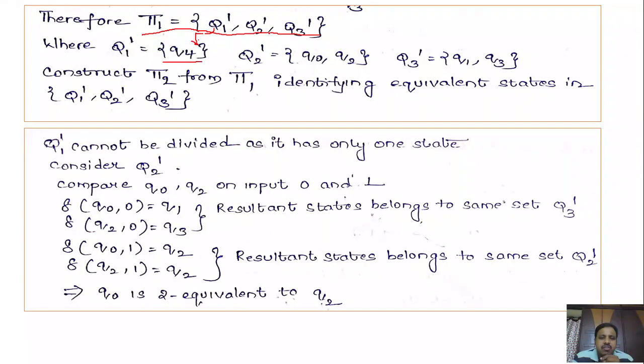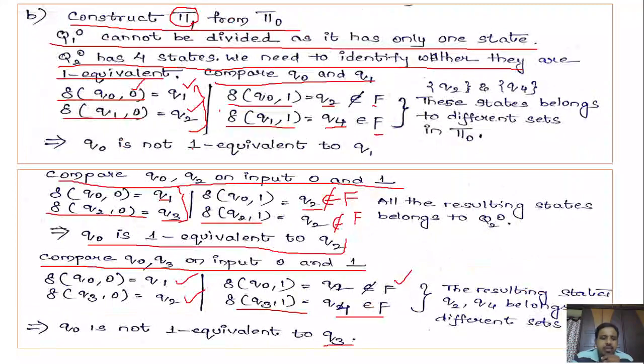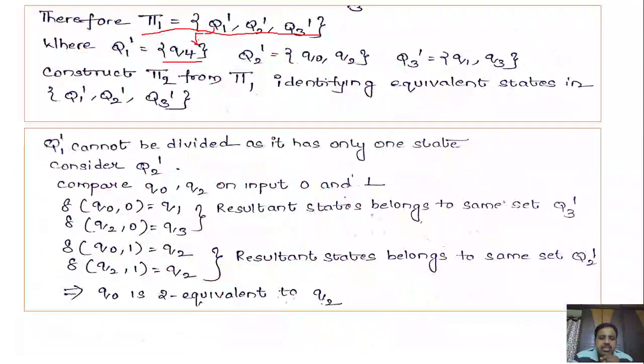By checking this property, we found that q0 and q2 are equivalent, so they must be kept in a separate set. That's why we got the set of q0 comma q2, because they are indistinguishable, and the remaining q1 and q3.